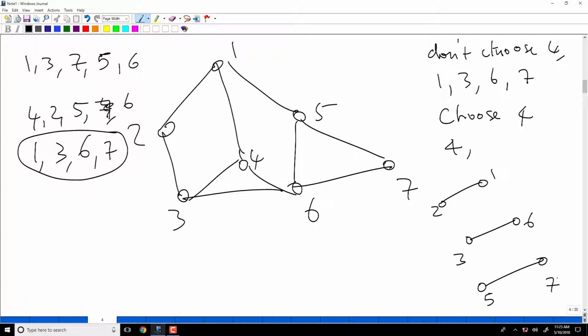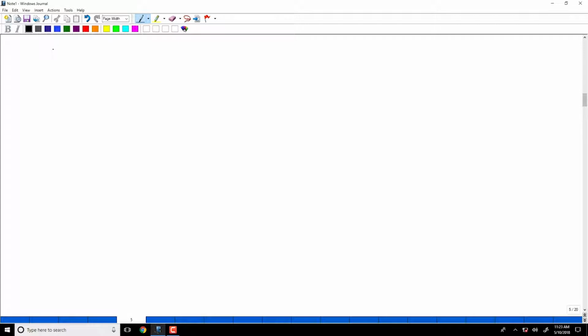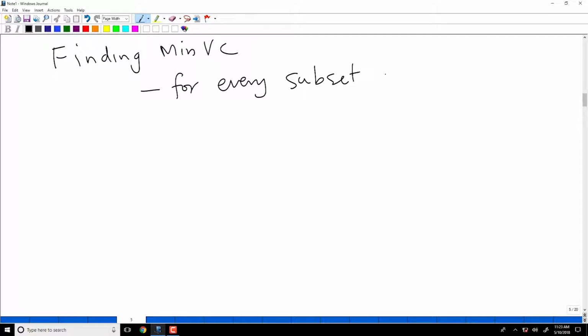Let's first think of a brute force exact algorithm to find the minimum vertex cover. What will you do? Finding the min vertex cover: for every subset S of V, check whether S covers all edges.